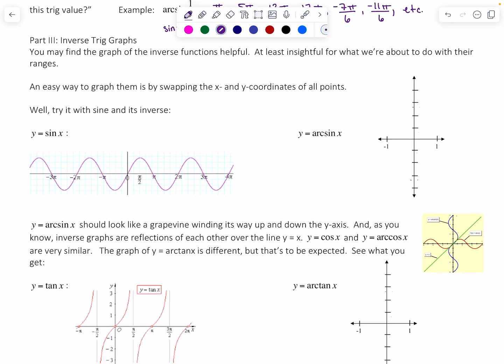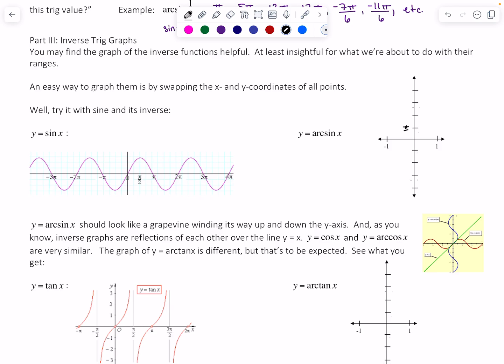All right, so if we look at our sine function, we know that we're going to have one period here, and it's going to repeat. So an inverse simply switches your x and y values. When we switch our x and y values, our x values are now going to be -1 to 1, and our y values are going to be some of the same notations that we had before.